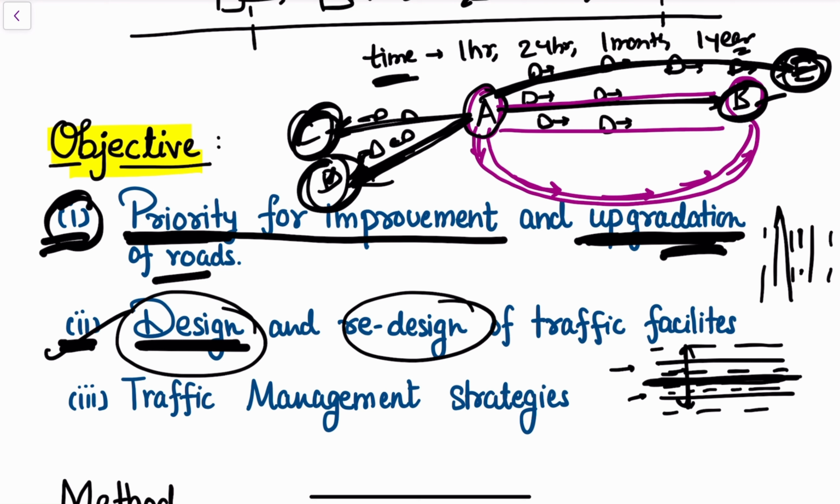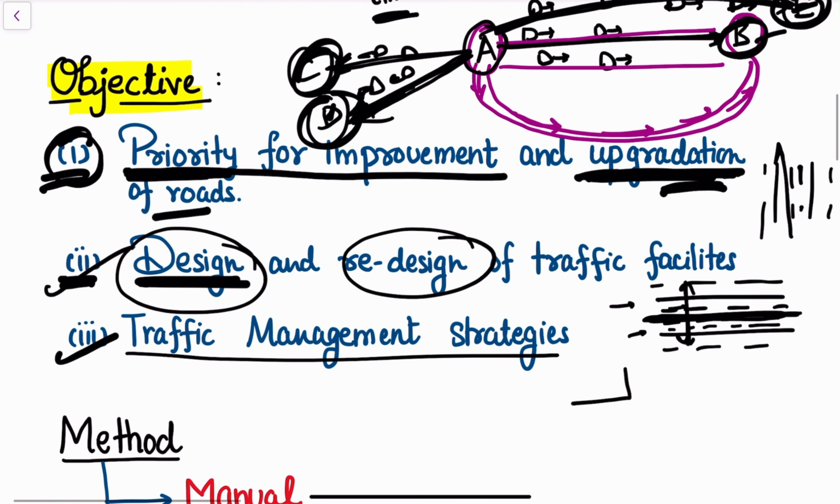So for that purpose, we again need to know the overall traffic volume that is using the road section. And the third objective that we achieve by doing the traffic volume study is to plan the traffic management strategy, right? Especially in terms of intersections, though it is valid for all types of sections.